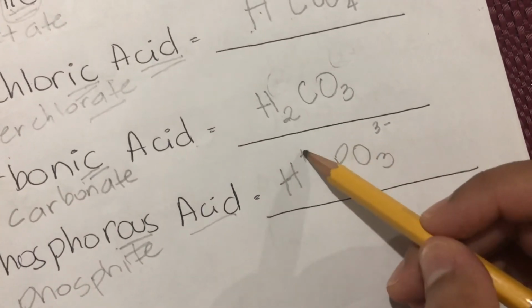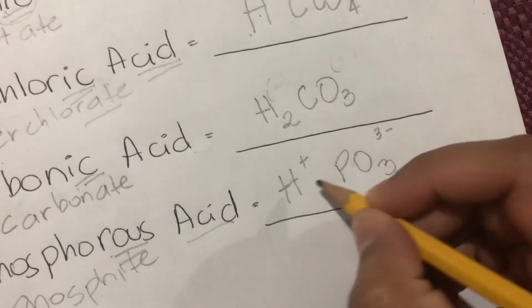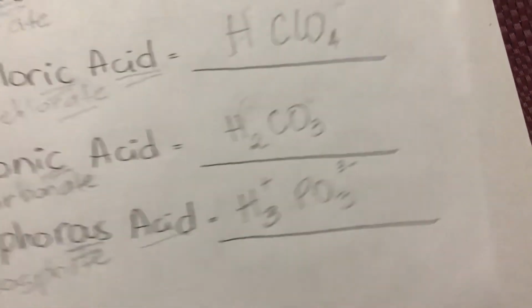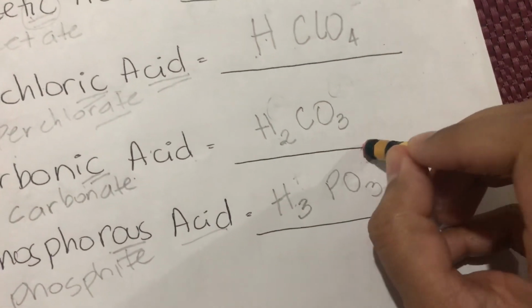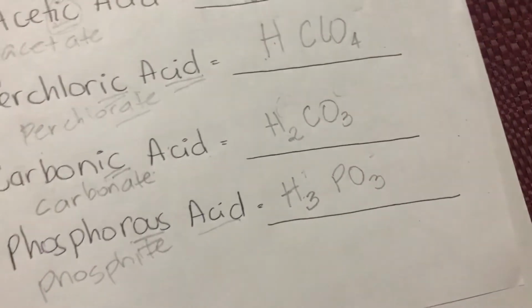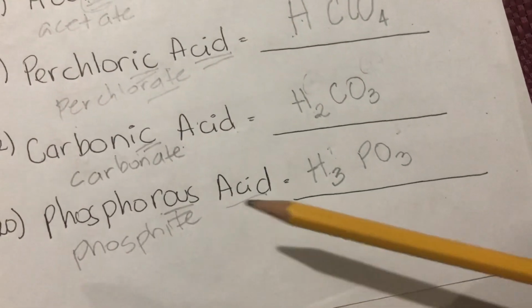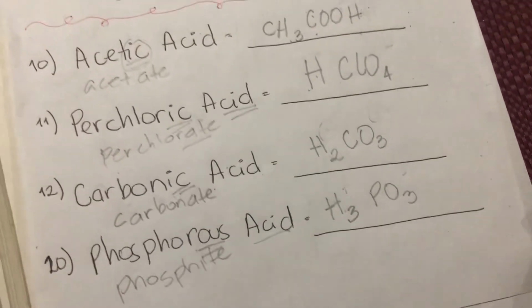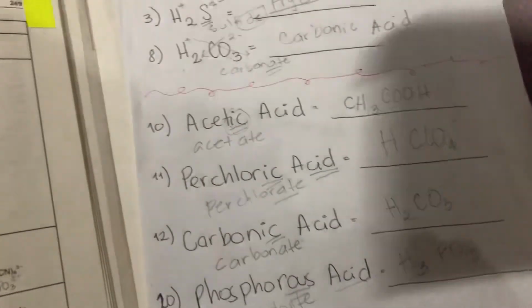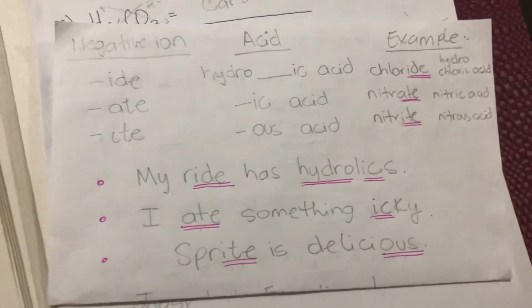Now I can tell again that the charges are not balanced. That's the reason I need a subscript 3 for hydrogen. I erase the charges, and now you have your chemical formula for phosphorous acid, H3PO3.